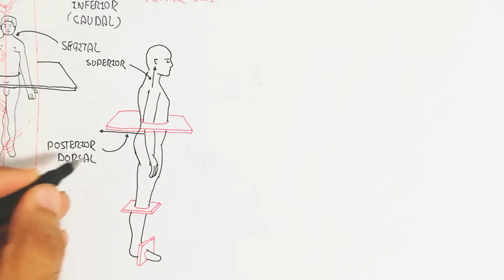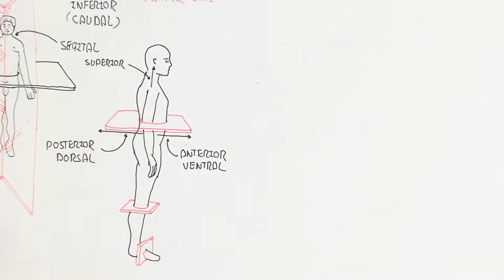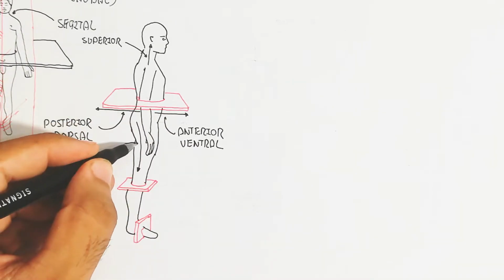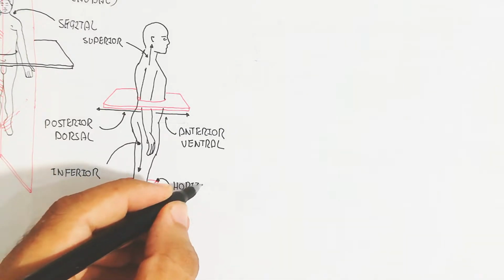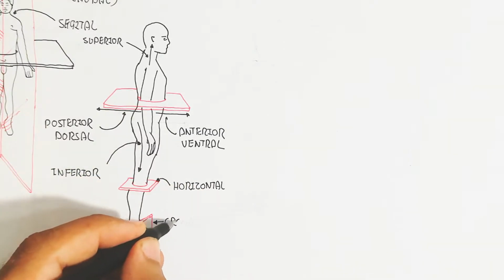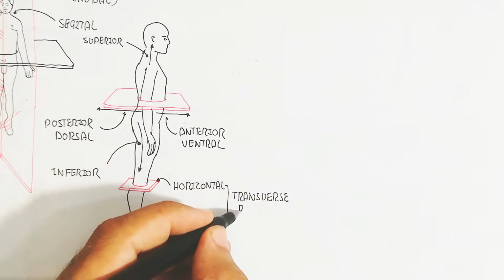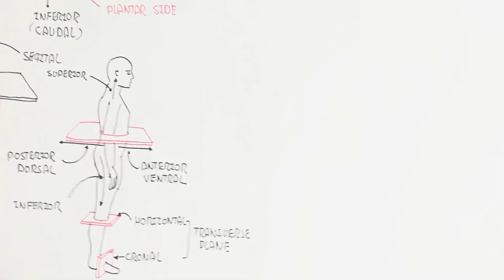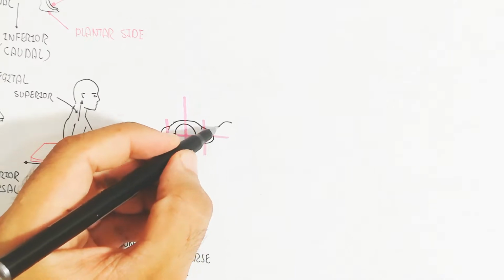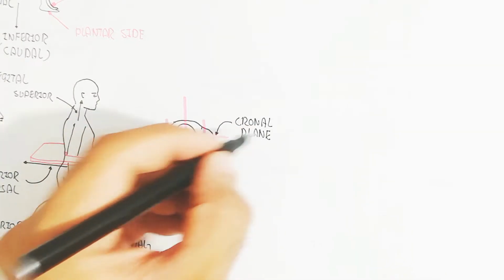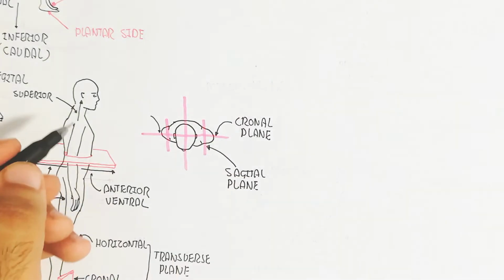Here you can see the superior, moving from shoulder to neck, and the anterior, ventral, and posterior, dorsal. The horizontal, coronal and transverse planes we can understand through this. And here is the coronal plane, and this is the sagittal plane.